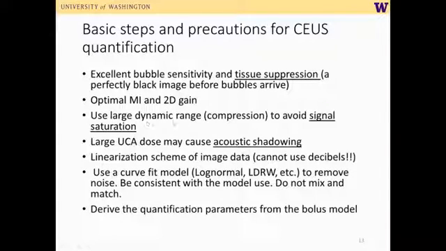We use a large dynamic range or compression to avoid signal saturation. We don't want the signal to be saturated because we're quantifying everything. And we want to avoid large doses of ultrasound contrast agents because those cause acoustic shadowing. Acoustic shadowing is when we have too many microbubbles and the microbubbles in the near field are not letting us penetrate the far field.